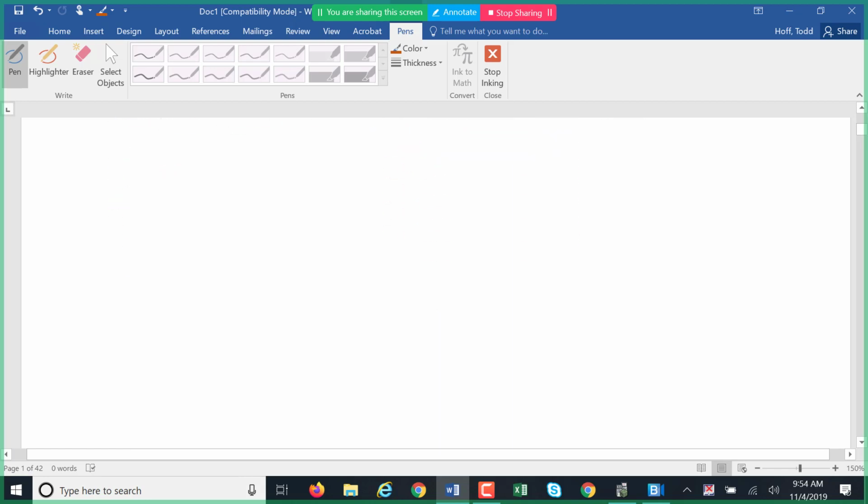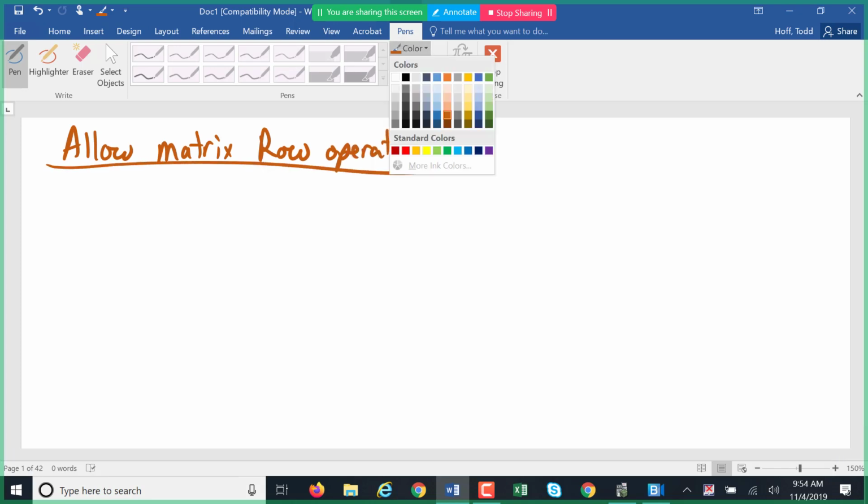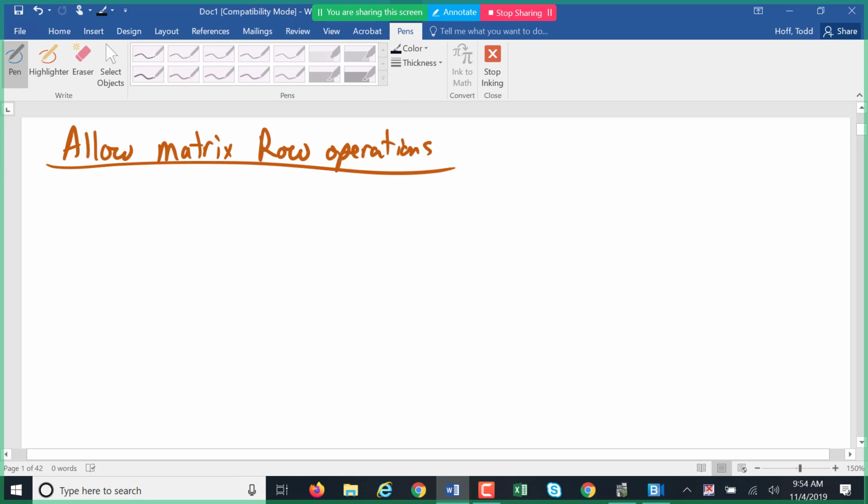So with a matrix, we are allowed to do what's called row operations. So things that are allowed in a matrix. Number one, you can interchange rows.